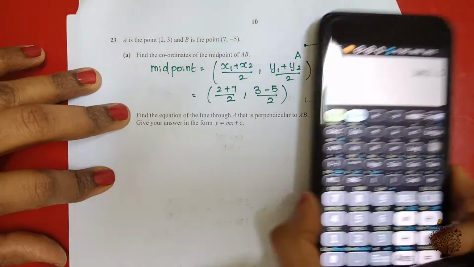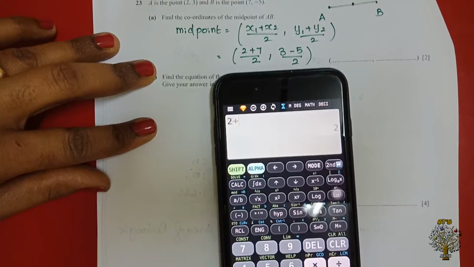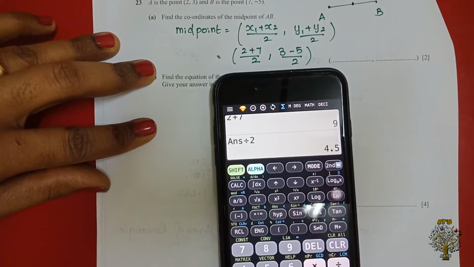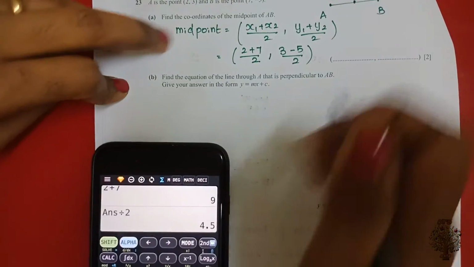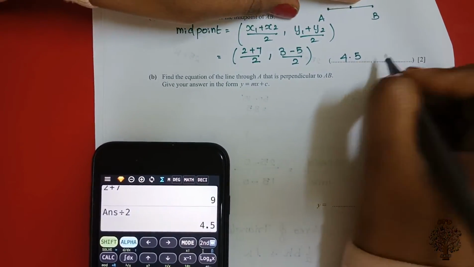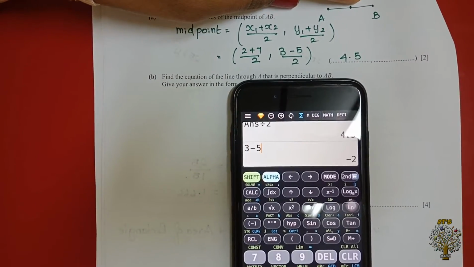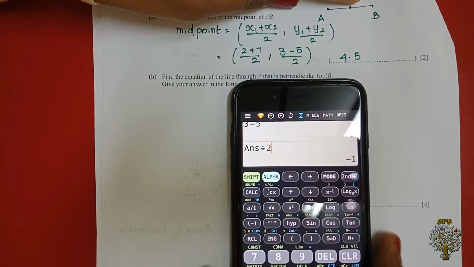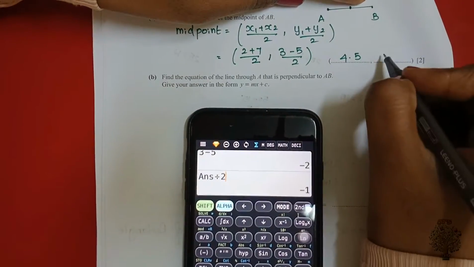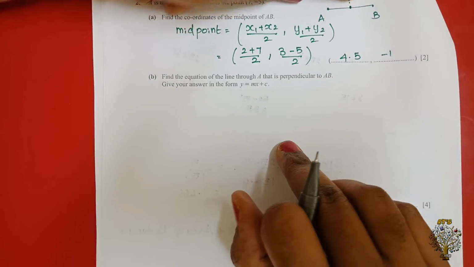You can do the midpoint formula directly in the calculator, or you can do it manually, divided by 2, which gives me 4.5. I'll write here 4.5 or 9 by 2 as you wish, and (3 minus 5) divided by 2, which gives me negative 1. Or you can write negative 2 by 2.